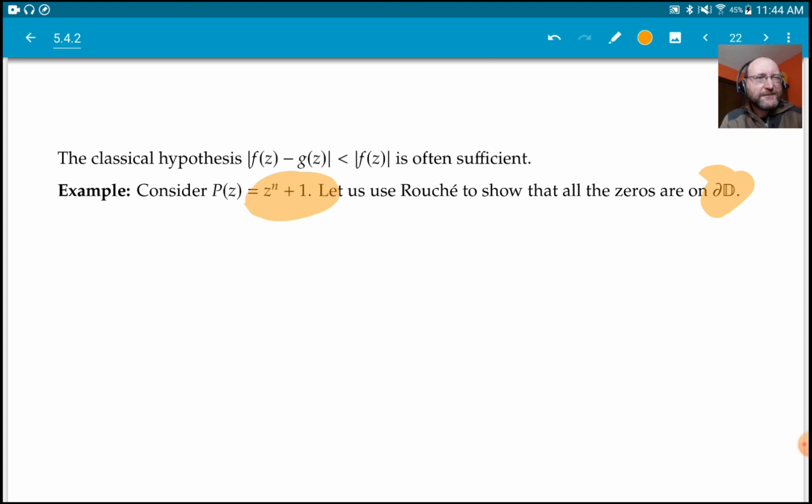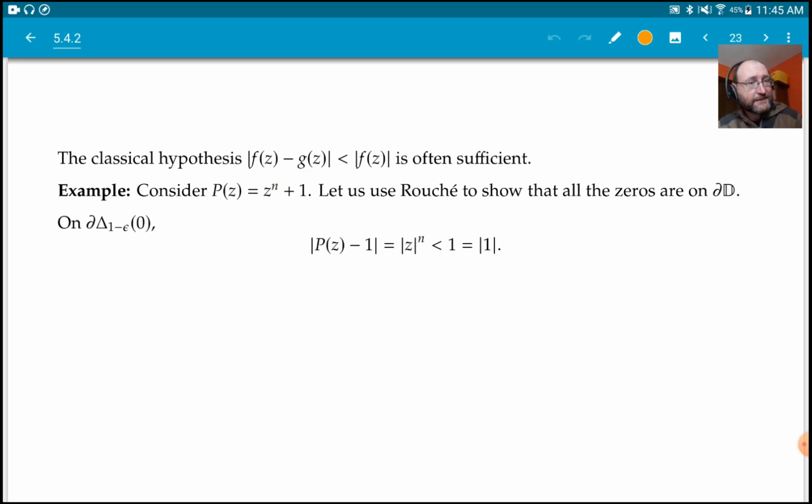Why are we doing that? Because it's simple, right? But it sort of demonstrates the idea, right? So I look at a slightly smaller circle of radius 1 minus epsilon, right? Still centered at the origin. Then, I guess this is slightly flipped around, take p minus 1, right?